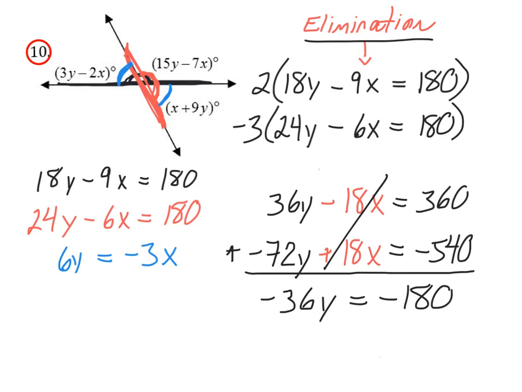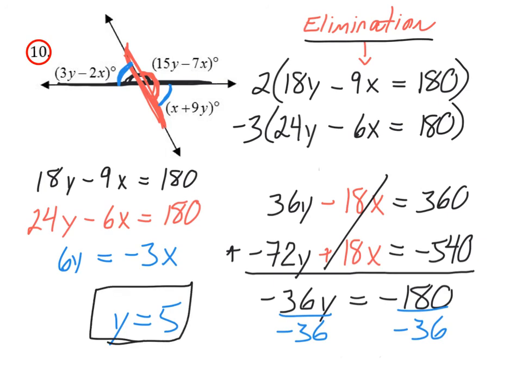Similar to what we had before, but now both sides are negative. Well, when I divide by negative 36, I just end up with y equals 5. Now, if you want to solve for x, all you have to do is take this value and plug it back in to either of these equations to try to get x by itself.